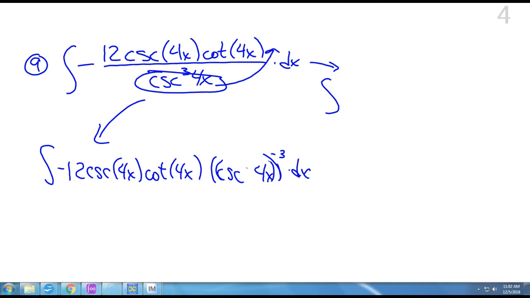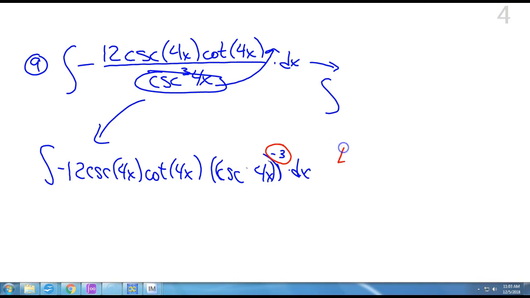What's the little guy? That's probably easy. The cosecant of 4x. So if that's the little guy, what's the big guy? The negative 3. So this is what's happening to the little guy, which makes it the big guy. So then what's the derivative of cosecant? Negative cosecant cotangent. So it fits that way. If you try other big guys, it won't fit.